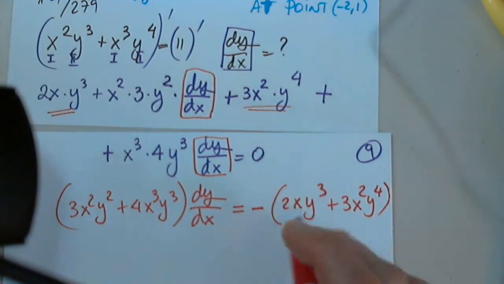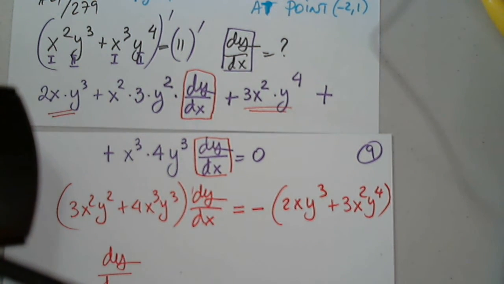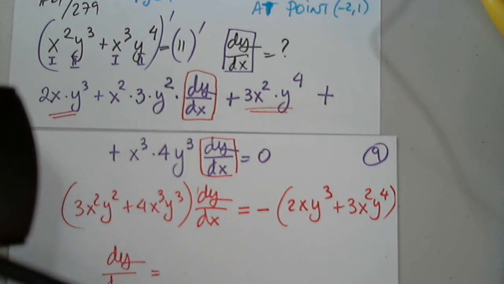Final step. How do I get this? Can anyone tell us how do I get this? Anyone? Yes. Oh, sorry. No, that's okay. How do we write this?